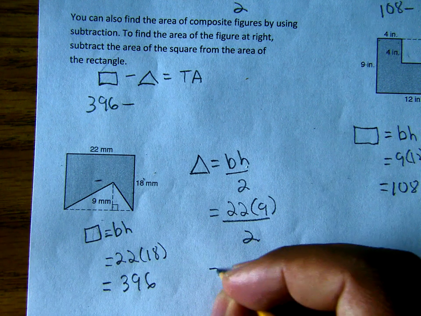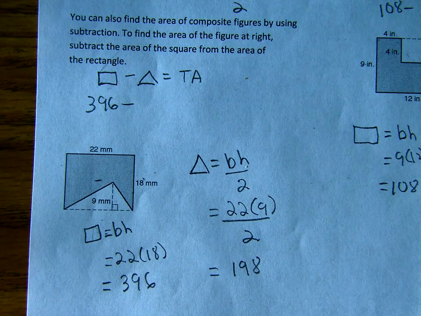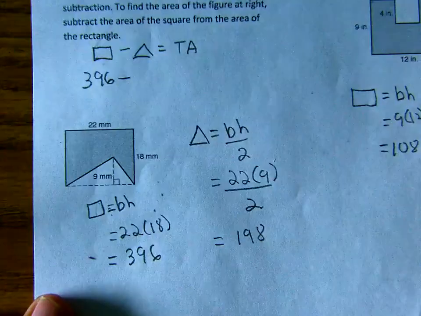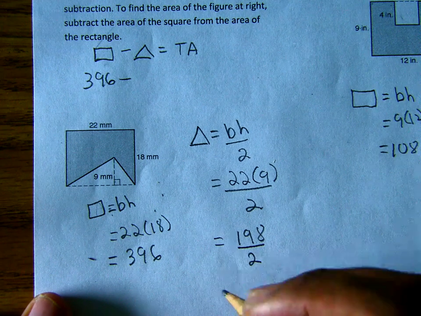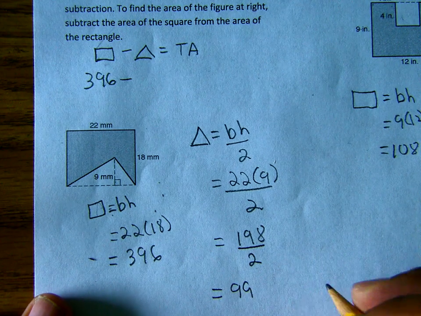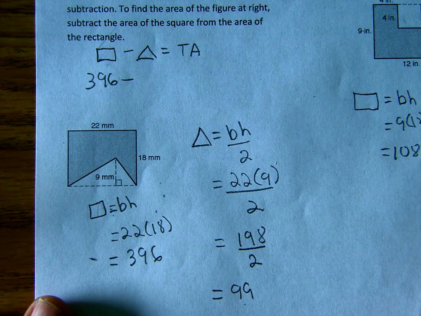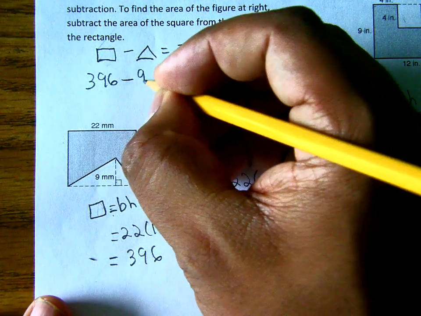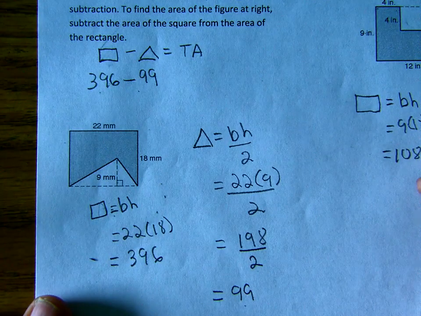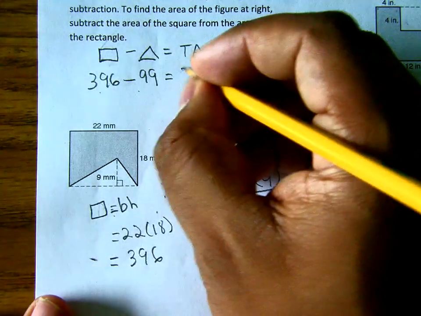Okay. 22 times 9 is going to be 198. Then divide that by 2. That gives 99. So the area of the triangle is 99. And we're going to plug that here and make sure we subtract that from the rectangle to find out what our total area is. And that's going to get us 297.